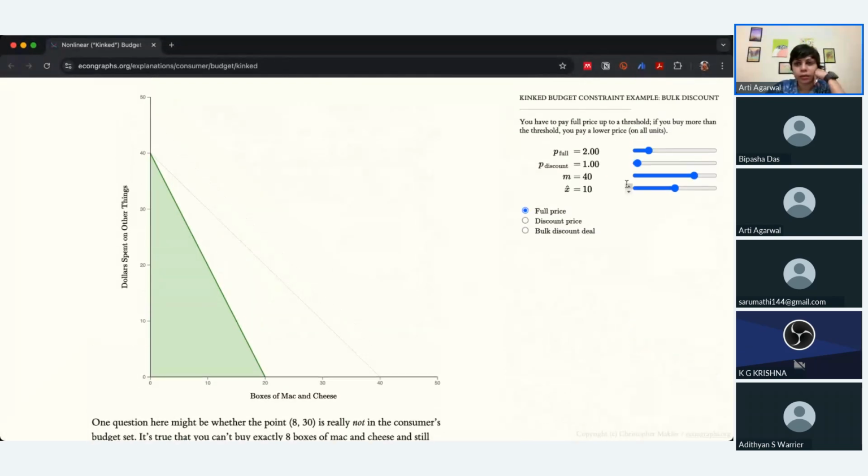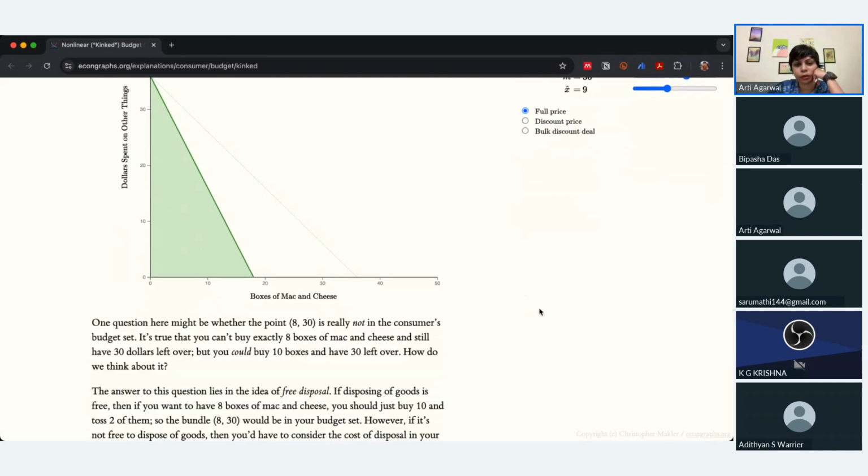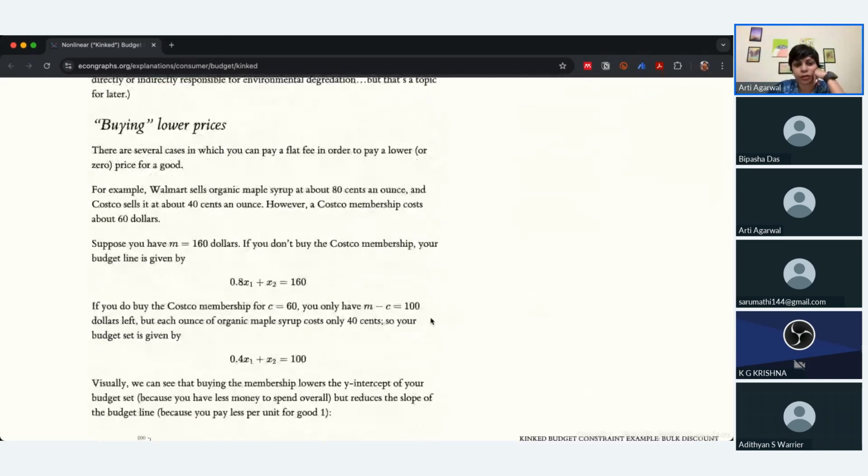This is the quantity discount, a type of question we had discussed last time, although not in too much detail. You can see the dotted line showing the initial budget set, and the new green area is the final budget set.